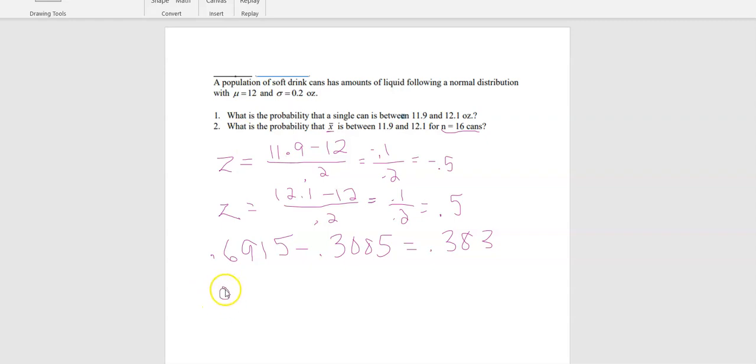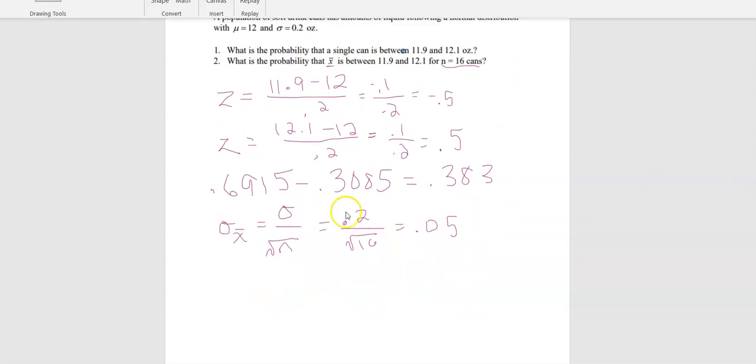The standard deviation of our sampling distribution is going to be the 0.2 that we have, this sigma, over the square root of n, our sample size. So for us, that's 0.2 over the square root of 16. All right, so if I do that calculation in my calculator, I get 0.05, and that's the standard deviation I'm going to use in this second problem.